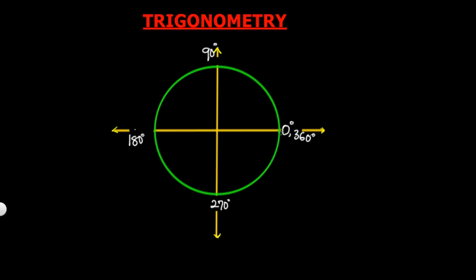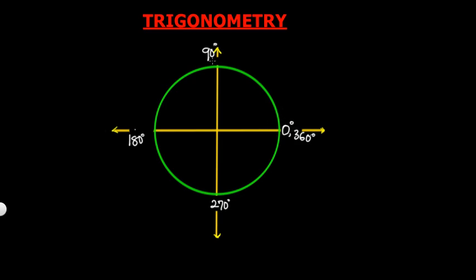So this is how, when a circle rotates from 0, it rotates 90 degrees, 180, 270 and back to 360 in degrees. But if we are representing this in radian, this part will be seen as 0 radian.